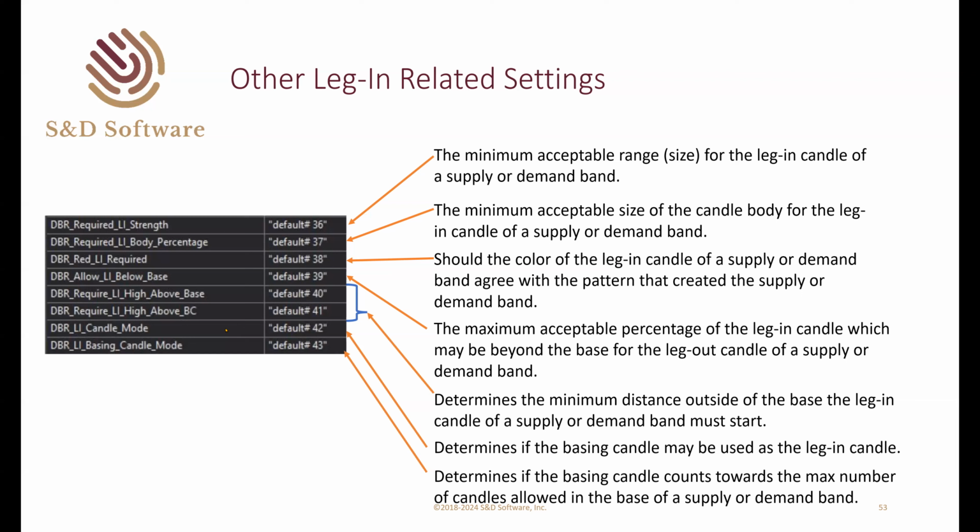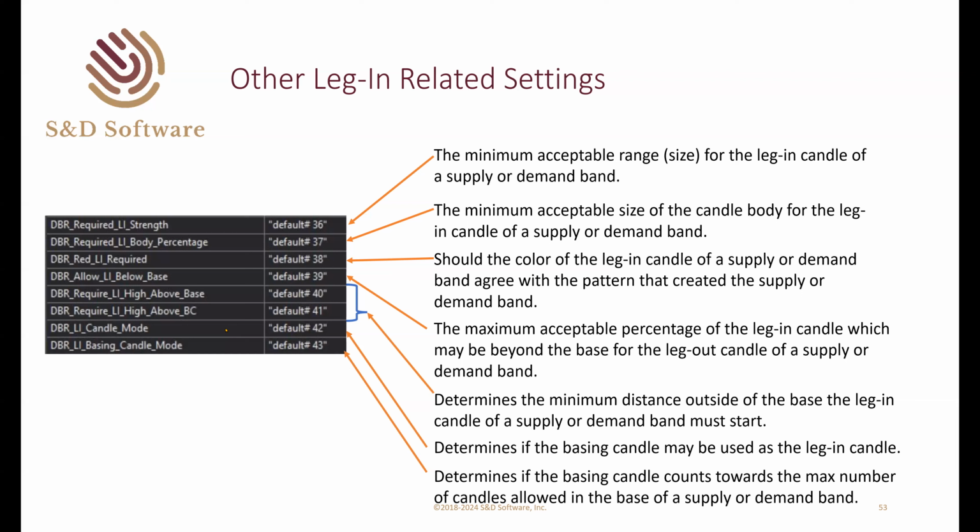Or you can tell the tool that it's always going to try to use the basing candle as the leg in. Or you can tell the tool to try the candle before the base, and if that doesn't work, then try the basing candle to see if you can get one of them to work. The default is to try both.